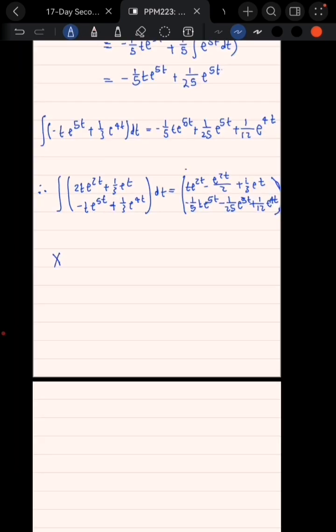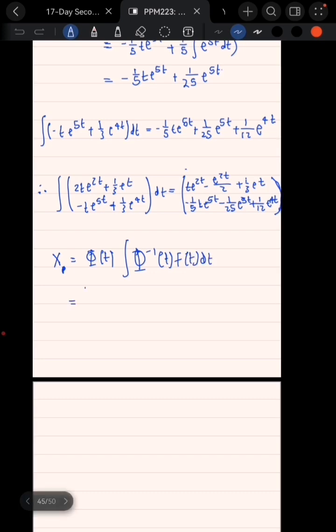Finally, the particular solution is equal to the fundamental matrix multiplied by the integration of the inverse of the fundamental matrix multiplied by f of t dt.